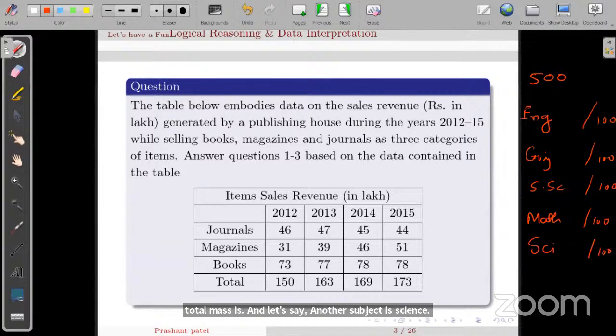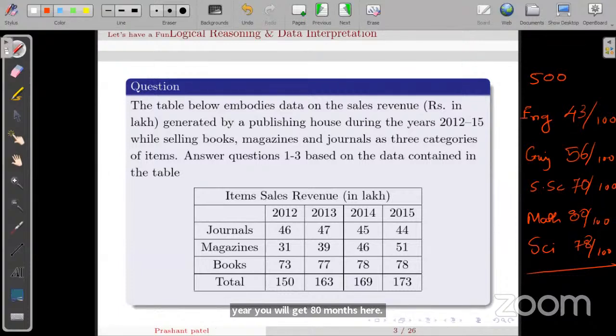So out of these 5 subjects, total is 500. But let's say you get 43 marks here, 56 marks here, 70 marks here, 80 marks here, and let's say this is 78 here.